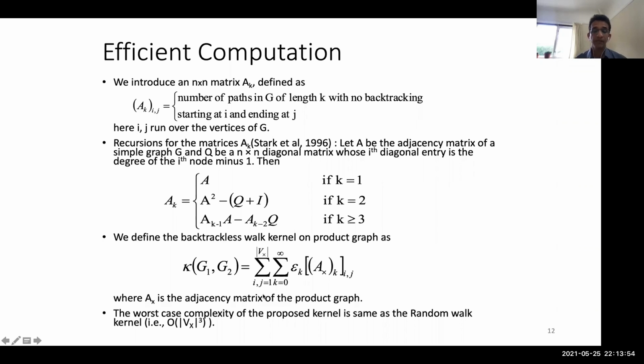Its worst case running time is the same as that of the random walk kernel, which is big O of v cubed. But in practical situations, it runs a little slower than the random walk kernel because it requires more operations to be performed. And as I said, there is always a trade-off. So although it improves the accuracy, it has slightly higher computational time. And it also is less prone to the problem of failing to distinguish co-spectral graphs, which I'll explain later.